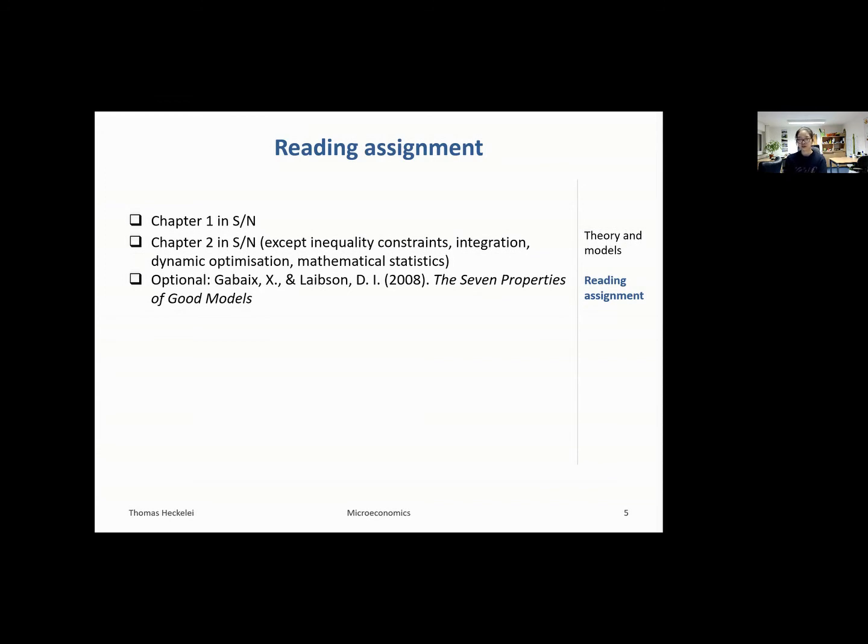I also put on eCampus an optional reading, in which the author described some properties of good economic models. I think it's a very nice, easy reading and short paper, which I would really recommend you to read in case you're interested in this concept.